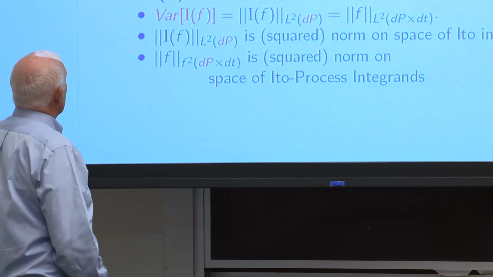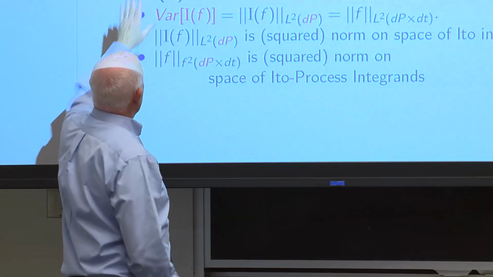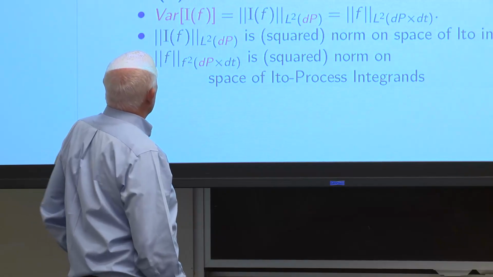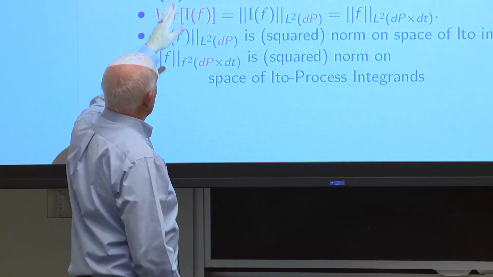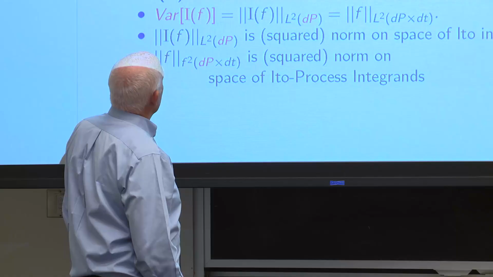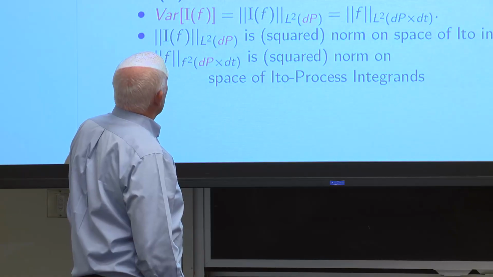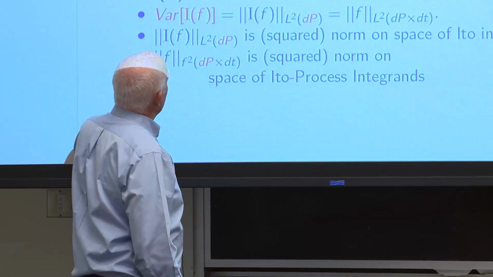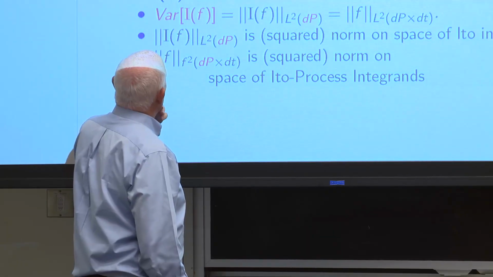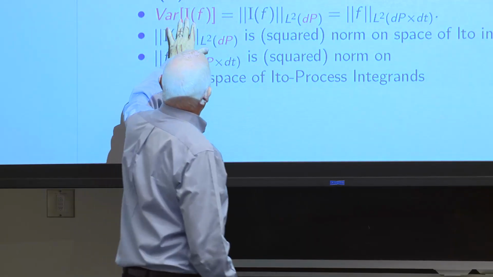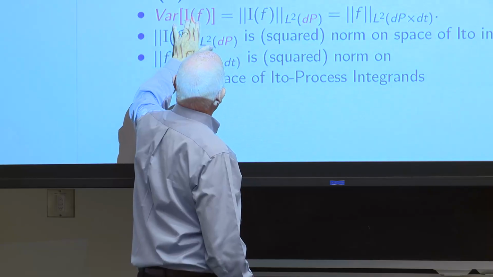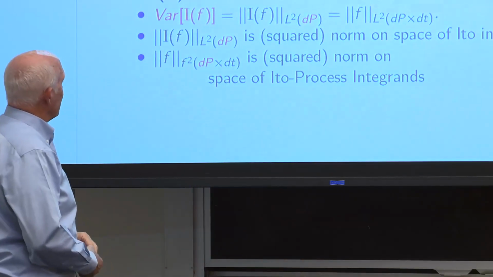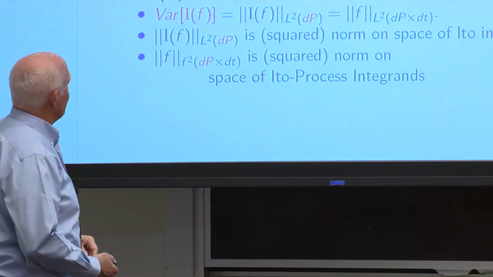If we write out the definitions of these squared norms, we get these equations. What's relevant here is being able to express the variance of the Ito integral as the squared norm of the integrand f.